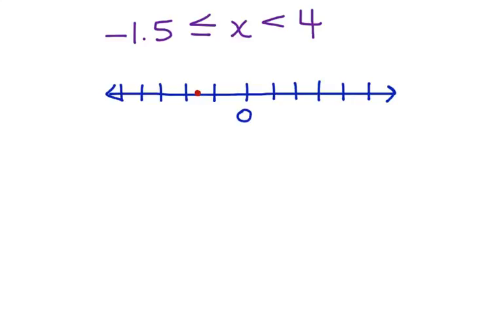Now the next value is that x is less than positive 4. Notice it doesn't include it in the solution set. There's no equal to. So we're going to put an open circle at 4. And the solution for this compound inequality is found between these 2 points. This is how we would graph the solution.